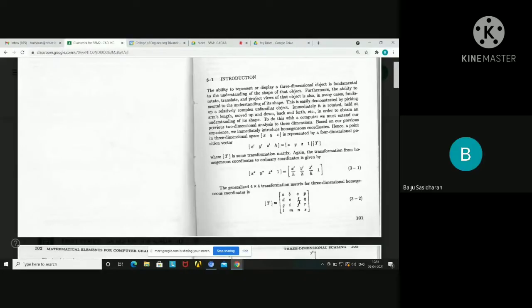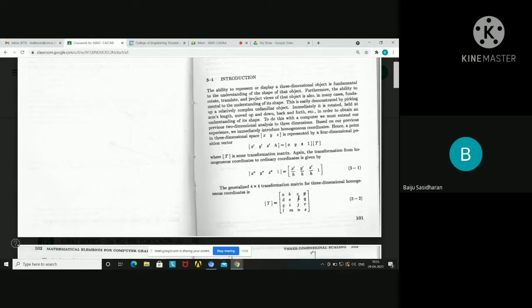The general form of the transformation operator for a three-dimensional transformation is given as a matrix with four rows and four columns. That is, this matrix represents it in the homogeneous coordinate system.